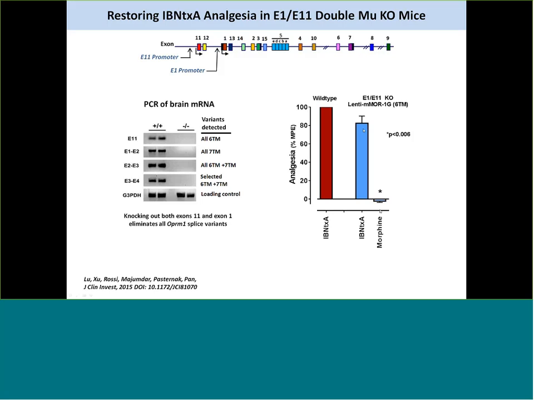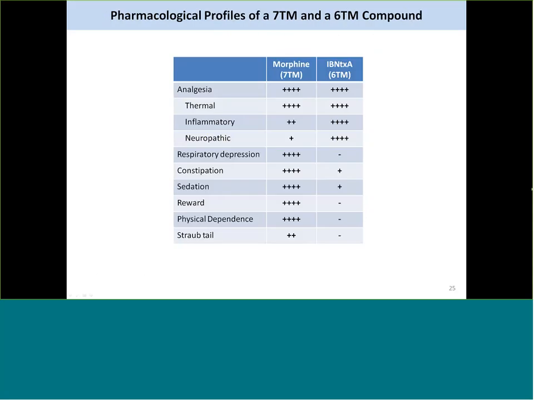It does not restore morphine, and this is consistent with the role of 6-TM in IBNTXA, but not morphine analgesia. The next slide just gives you an overall summary of the pharmacology of morphine versus IBNTXA, which we believe is probably due to their relative selectivity, functionally at least, for the 7-TM and 6-TM receptors.